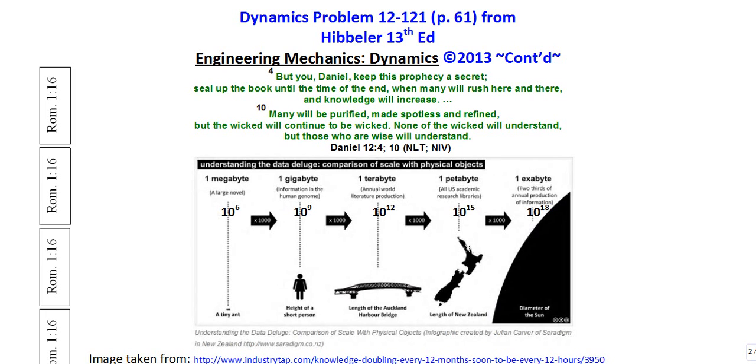Here is a little diagram that I took from the website cited below. And I'm old enough to remember way back when a megabyte used to be something to talk about, and that's 1 followed by 6 zeros, or 10 to the power 6 of data storage, let's say.